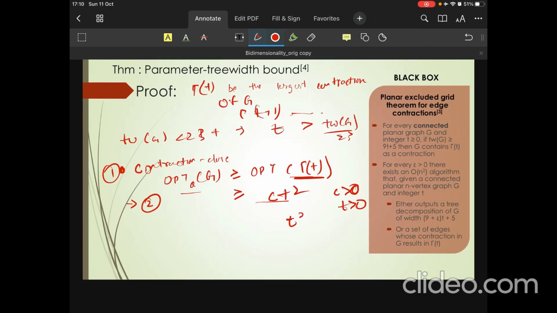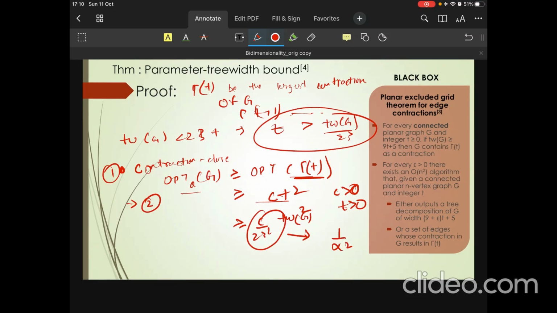Now we say that t square, now we plug in the value of t from this, which is c tree width square, tree width of G square by 23 square.